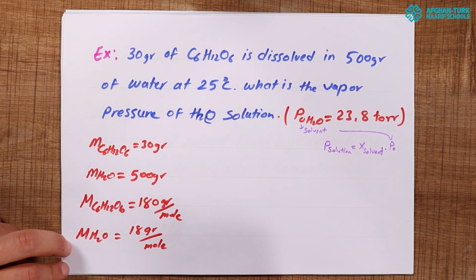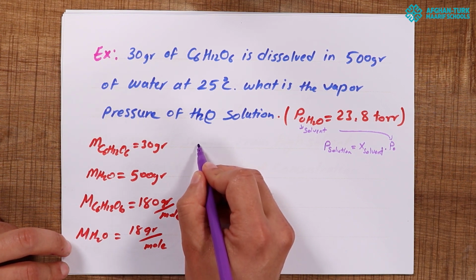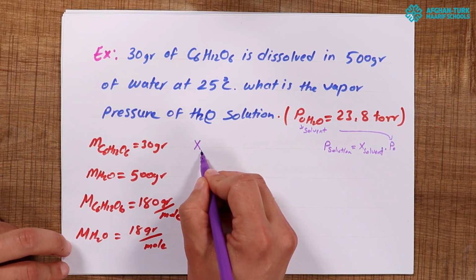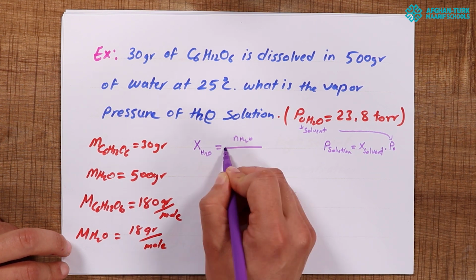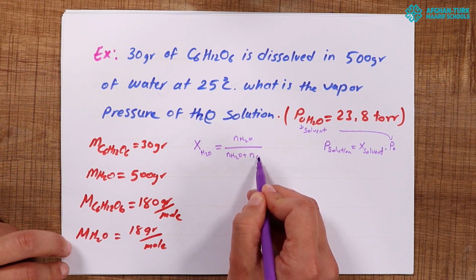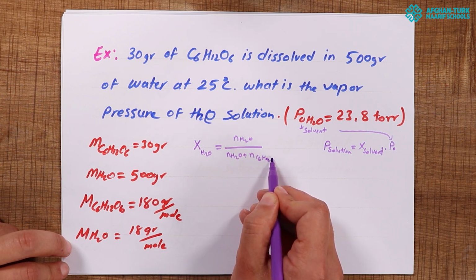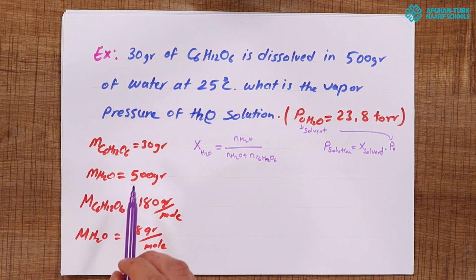We need the mole fraction of the solvent. It means I should write the mole fraction of water is equal to mole of water over mole of water plus mole of glucose. We need the moles, but we have grams here. We should change them into moles.